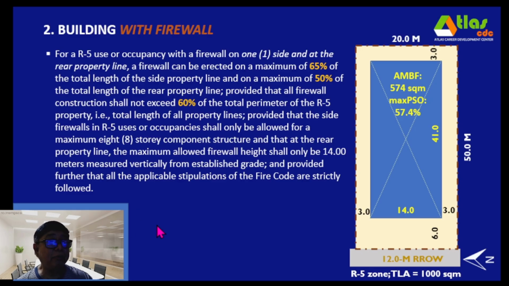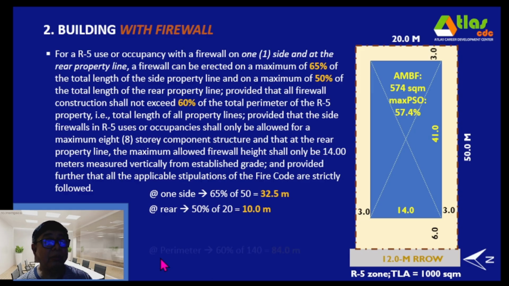So, i-compute natin yung 65% of the side property line. That will give you a maximum length of the firewall at 32.5 meters. And then, if we compute naman sa rear, ang maximum natin is 50% of 20 meters, will give you 10 meters maximum firewall length.